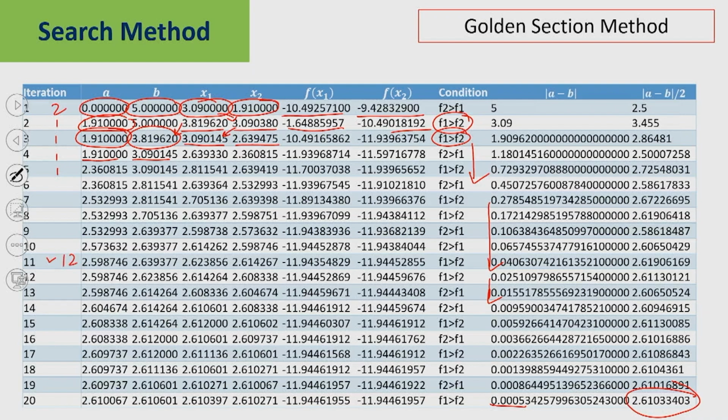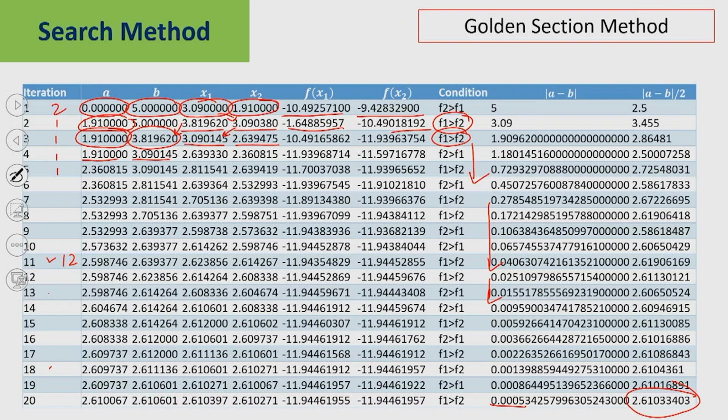But in the case of the interval halving method, you have done 23 function evaluations. You did not get the solution in the 11th iteration as compared to the golden section search method, but I think you got the solution somewhere around the 13th iteration, where it is 0.009, which is less than 0.01. That way you can compare the algorithms. I hope this is clear to you.